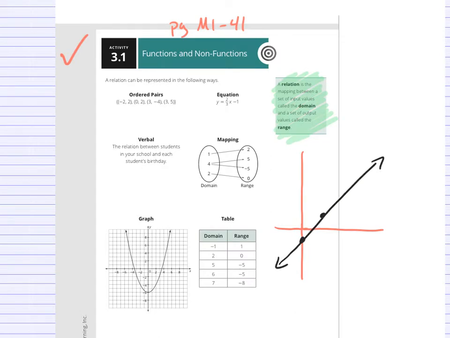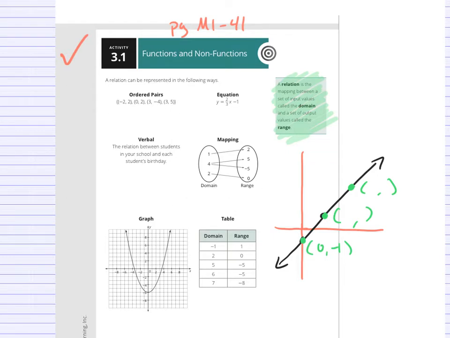So we would make a line something like this, and every point on here could be matched up with an ordered pair. So therefore that line would be considered a relation because I can match up an X and a Y.